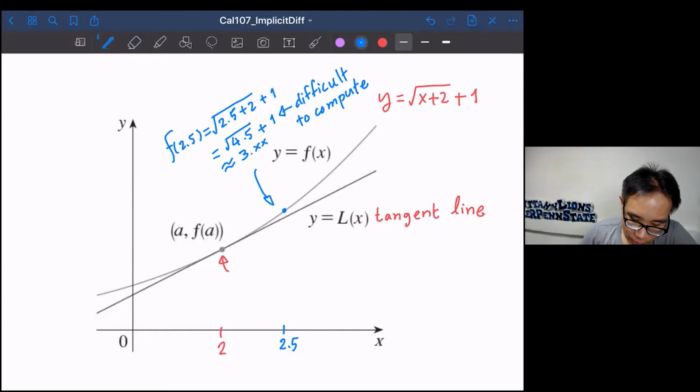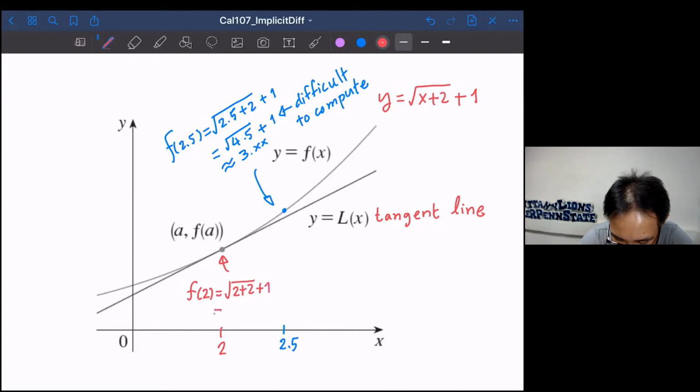However, you see that the function at 2 is okay to compute, right? So f(2) will be square root of 2 plus 2, plus 1. So it's going to be 3 basically. So f(2) is easy to compute, but f(2.5) is difficult to compute.